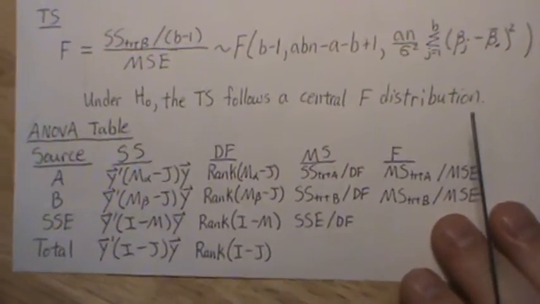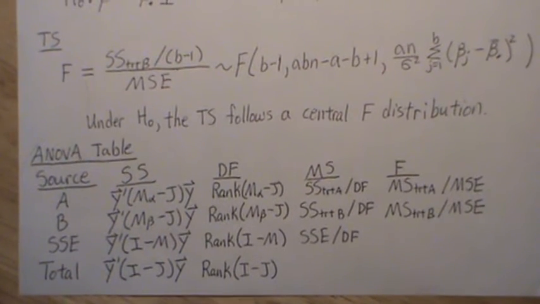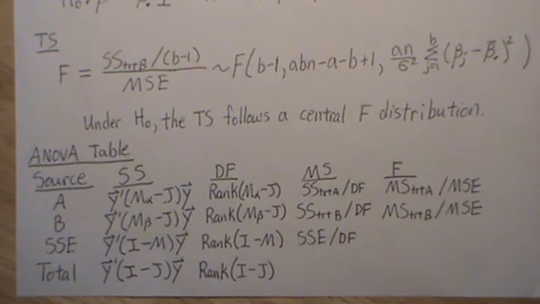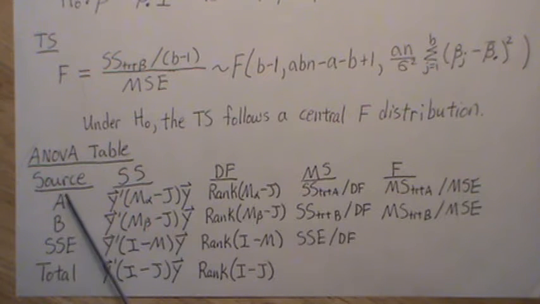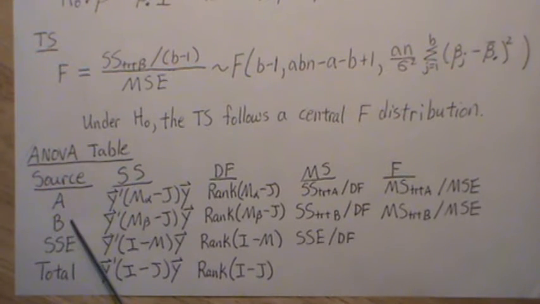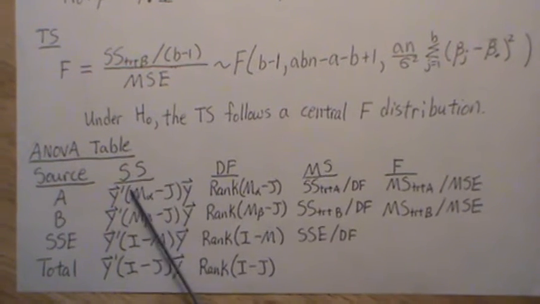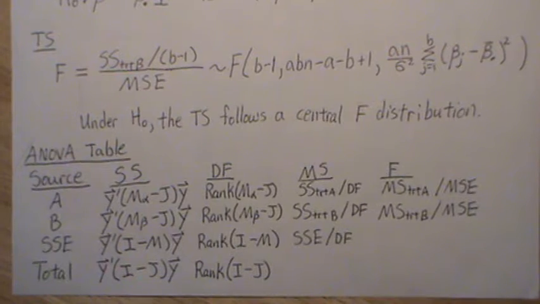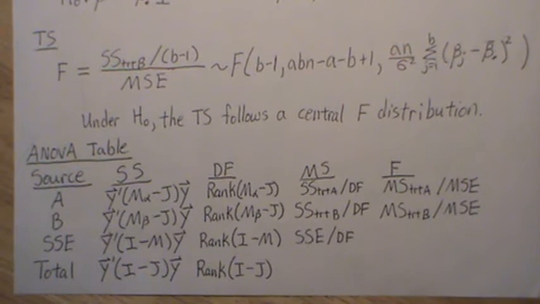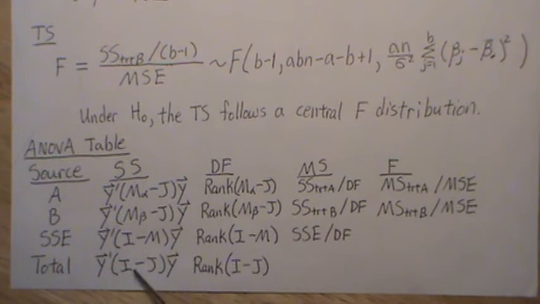Now the Anova table for this design, balanced two-factor factorial design without interaction, we have the source: factor A, factor B, sum of squared error, and total. And then you could write these in scalar form, and we derived those in previous videos, but it's so much easier to write it in matrix form using the quadratic representation of it.